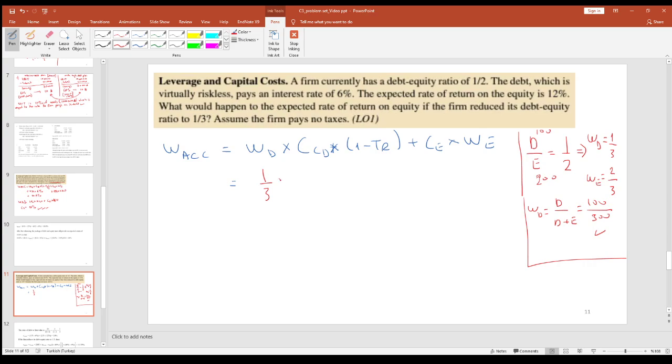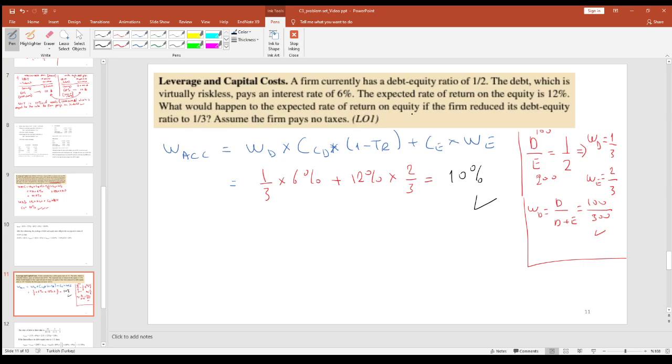Okay, so weight of debt is 1/3. What is cost of debt? 6% plus cost of equity is 12% times weight of equity is 2/3. So the result of this will be 10%.